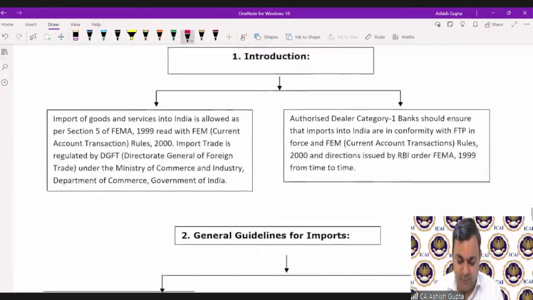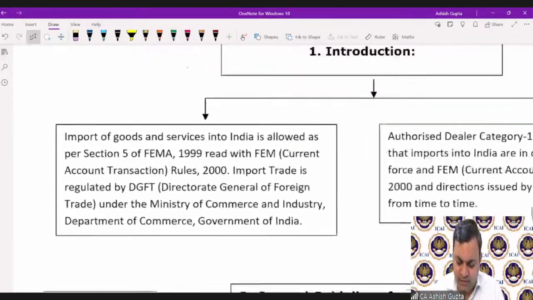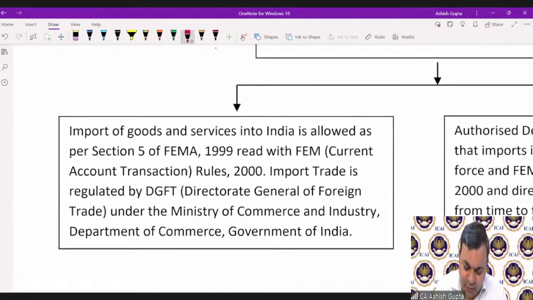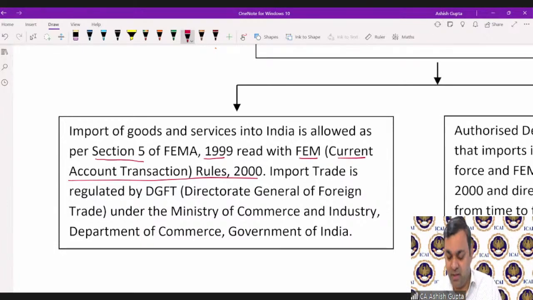Introduction, first point. Import of goods and services into India is allowed in Section 5. Export of goods and services is allowed in Section 7 of FEMA 1999, read with Foreign Exchange Management Current Account Transaction Rules 2000.